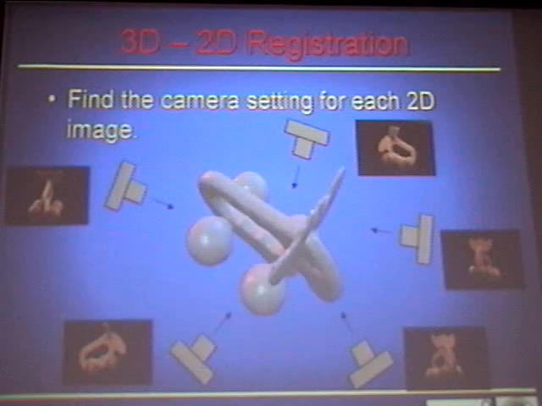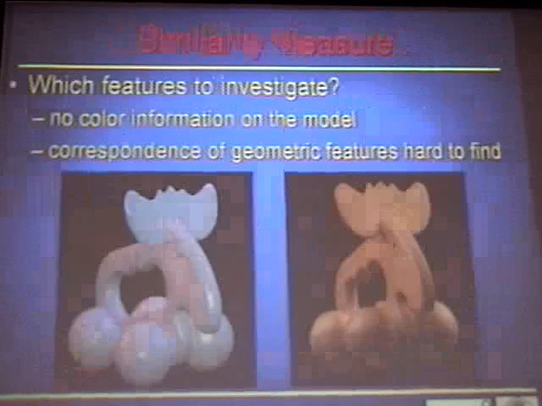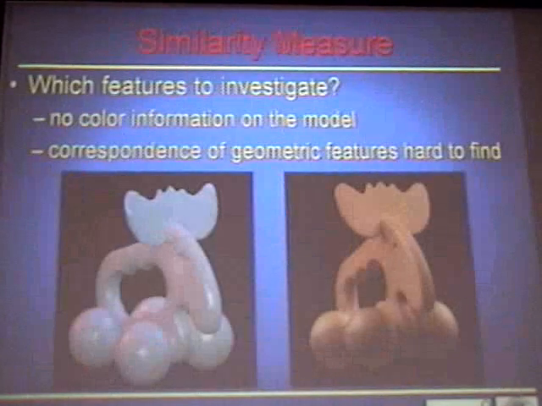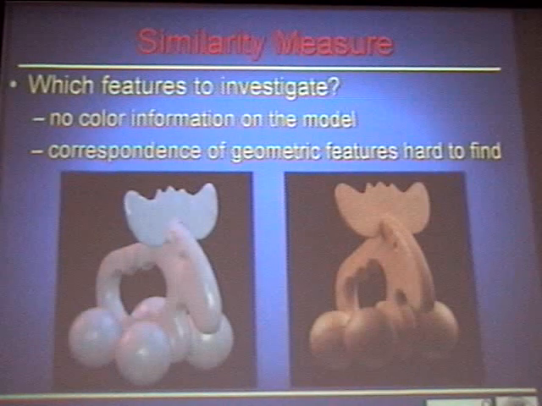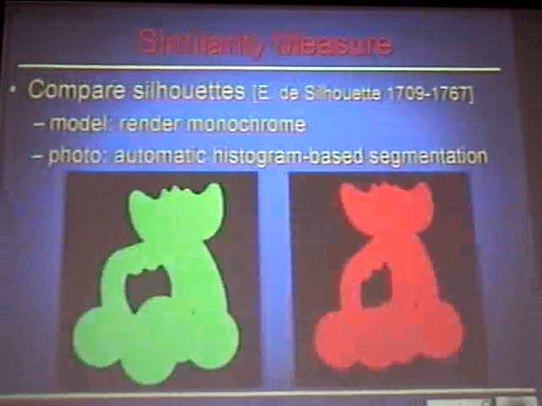There are all kinds of techniques. Sometimes you can, of course, try to use markers. That's not always possible, so you also want to have techniques that allow you to register the information without any additional markers. So we have suggested a silhouette-based approach where we take the silhouettes of the object.